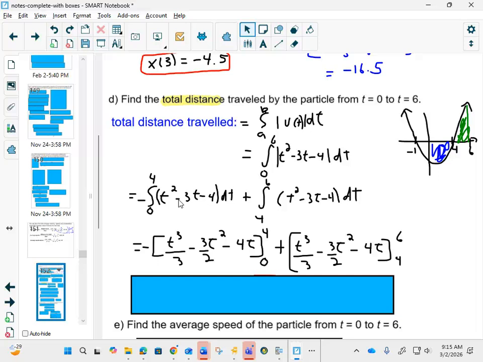If you were doing this by hand, you would have to first find your x-intercept. Your x-intercepts are at -1 and 4. You could find those x-intercepts by setting t squared minus 3t minus 4 equal to 0. I'll do that right here. T squared minus 3t minus 4 equals 0.